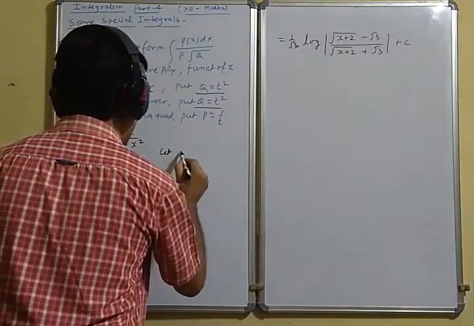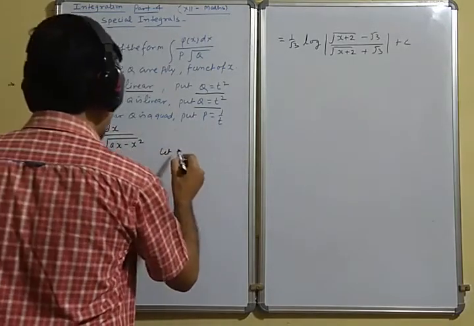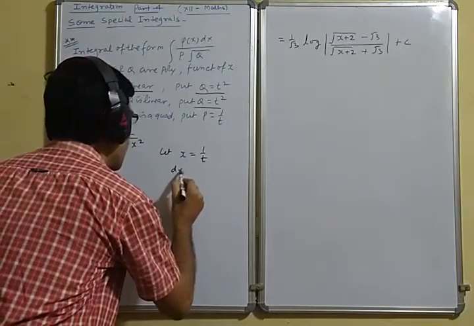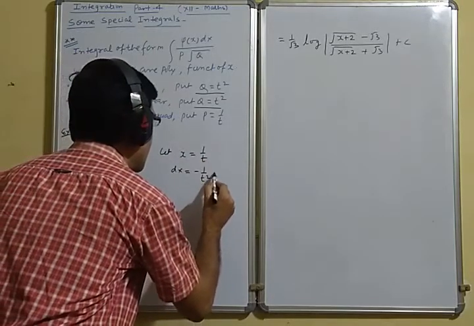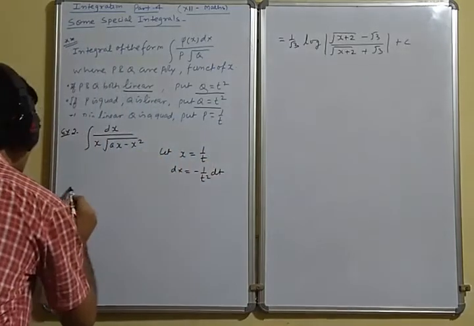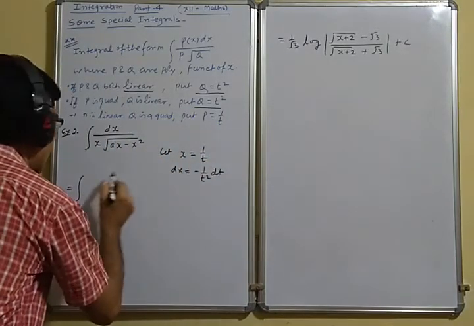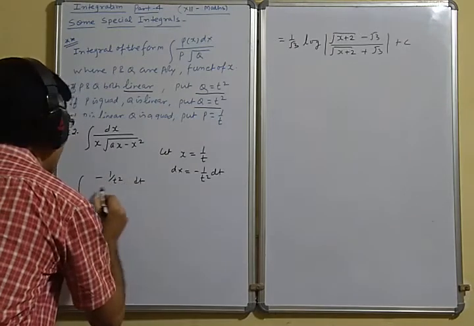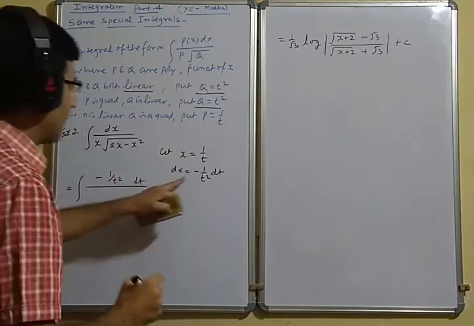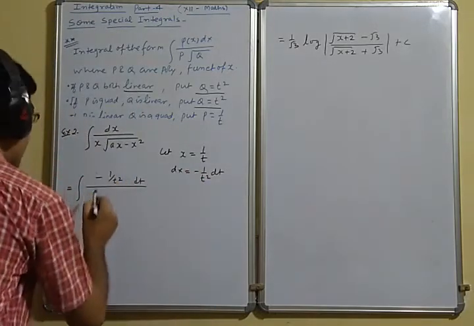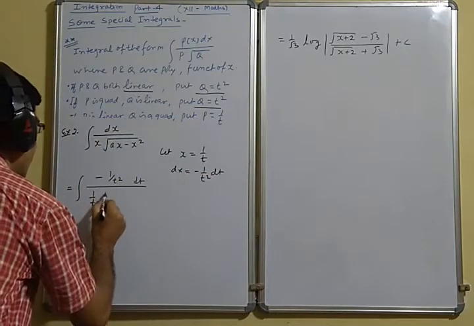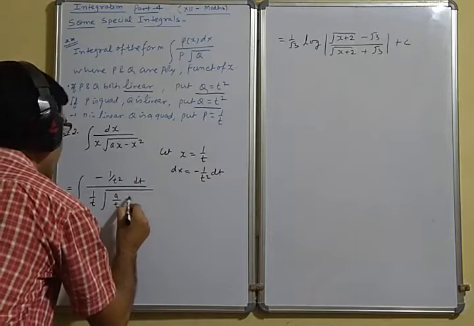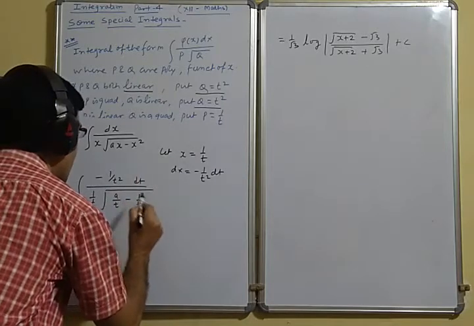Here we assume p, that is x, is equal to 1 upon t. So dx is equal to minus 1 upon t square dt. So the integration becomes minus 1 upon t square dt. x is 1 upon t, under root a upon t minus x square, that is 1 upon t square.